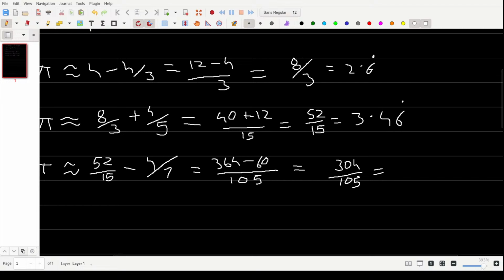So 304 over 105 is 2.895232380. We'll just do it to 3 decimal places, so 2.895.